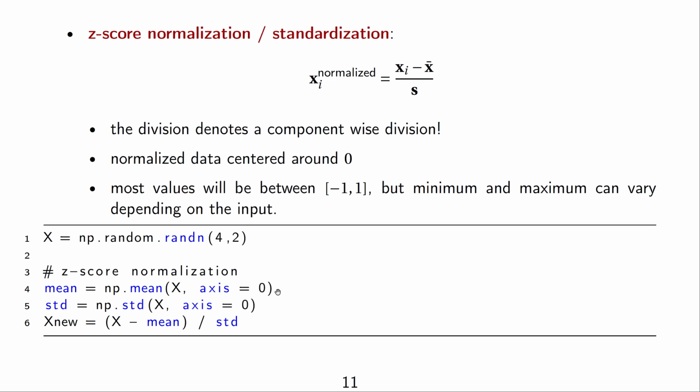So axis 0 gives you 1 mean value per column, and then we can also compute the standard deviation with one command, and then Python gives us this nice vector arithmetic, so we can compute the normalized data matrix by computing x minus mean divided by the standard deviation. Again, x is a matrix and this is a vector mean, so we're going to use some broadcasting, and this is going to work out well.